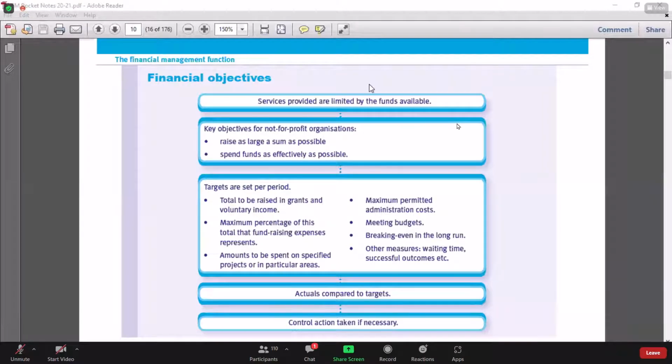And one participant asked me to explain the fourth point, maximum permitted administration cost. Now, let us assume what the administration cost for an orphanage would be: rent for the building, power charges, right? And if they recruit any instructor to train the students, maybe on Sundays or in the evening. I hope you might be aware of these orphanages.